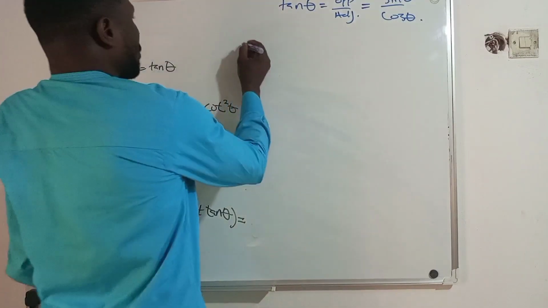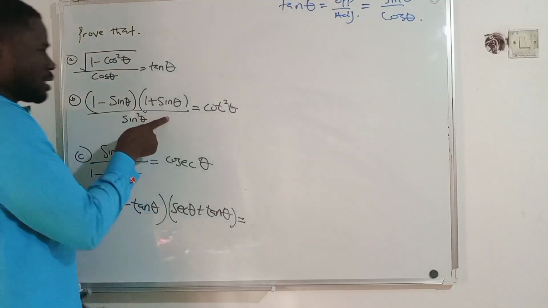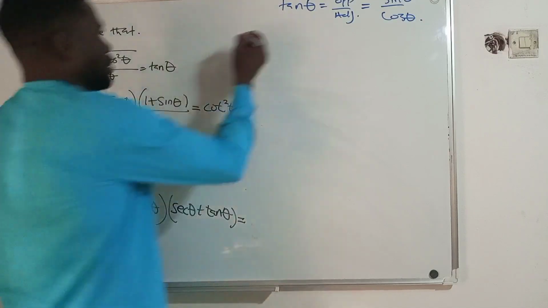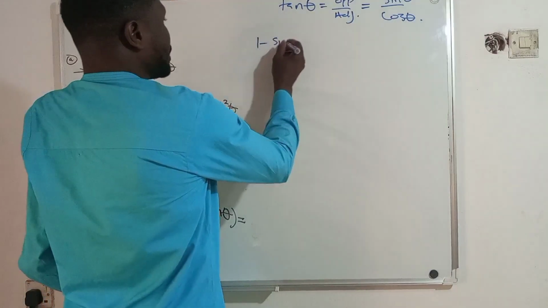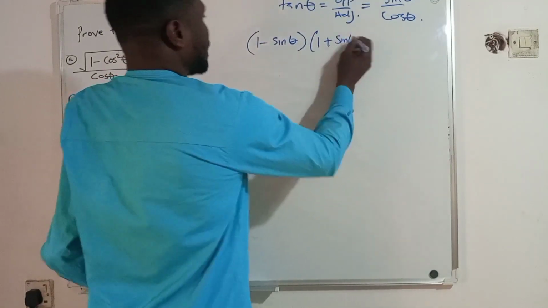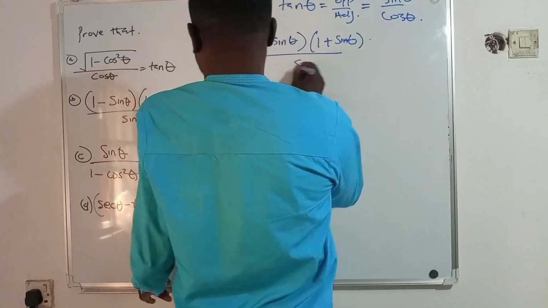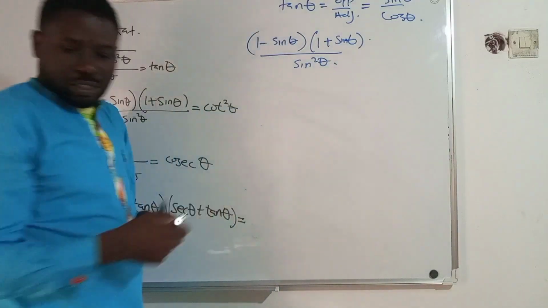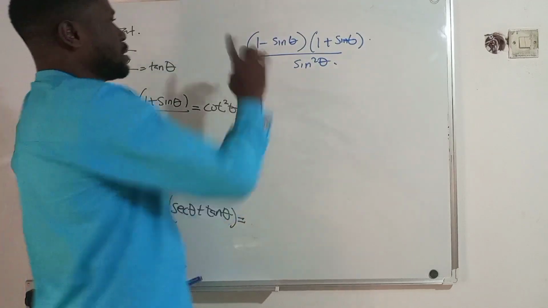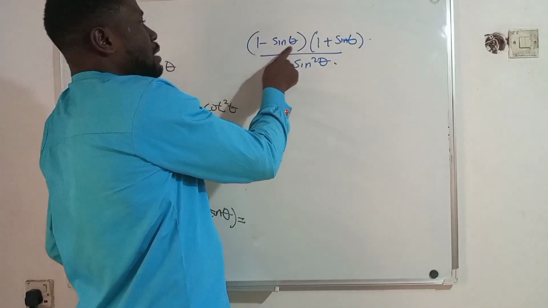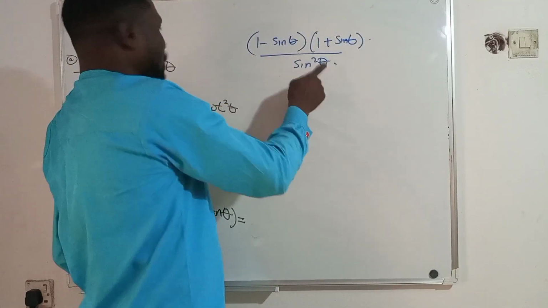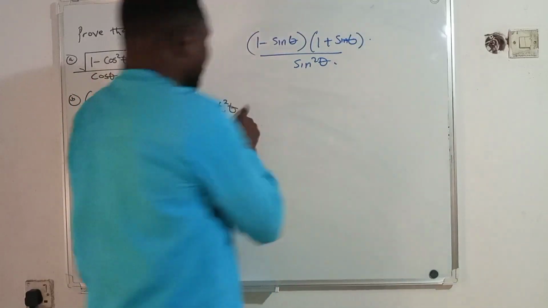Question number 2: the question is, prove that 1 minus sine theta, bracket open and close, times 1 plus sine theta, bracket open and close, all over sine squared theta is equal to cot squared theta.